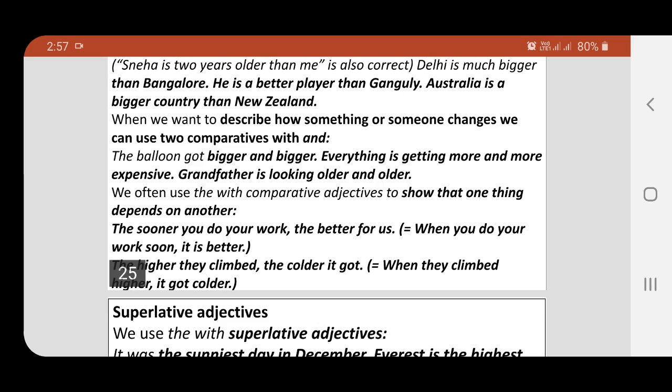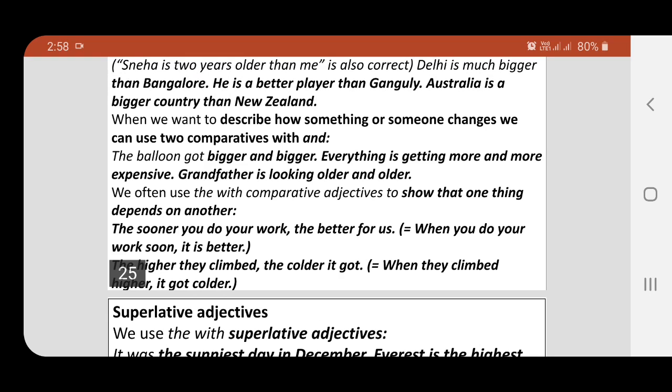We often use the with comparative adjectives to show that one thing depends on another. The sooner you do your work, the better for us.